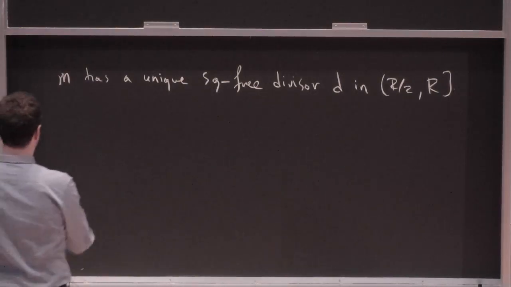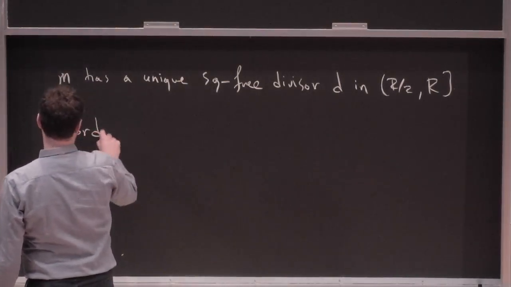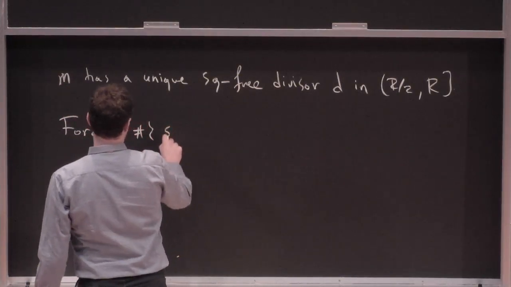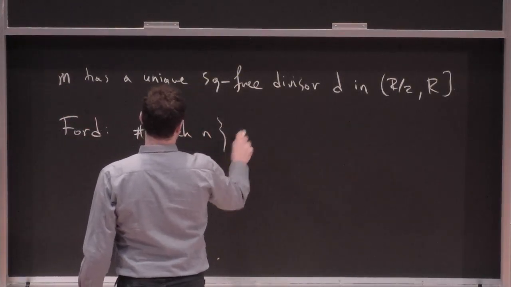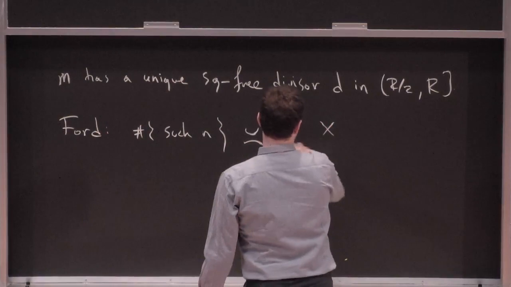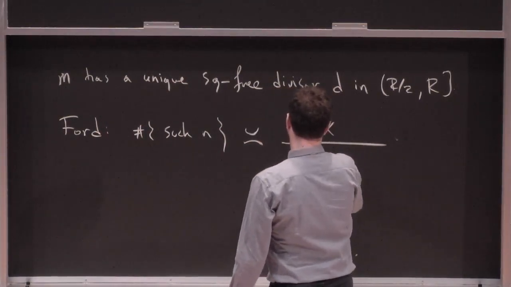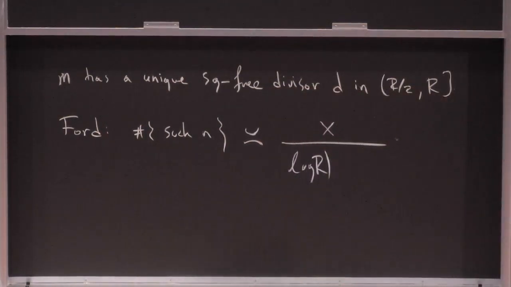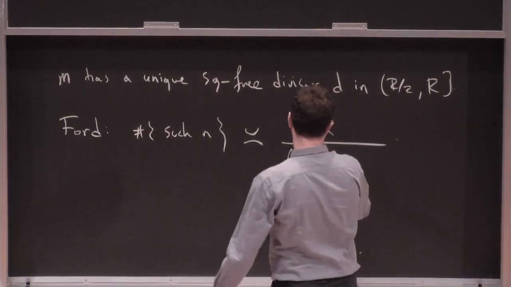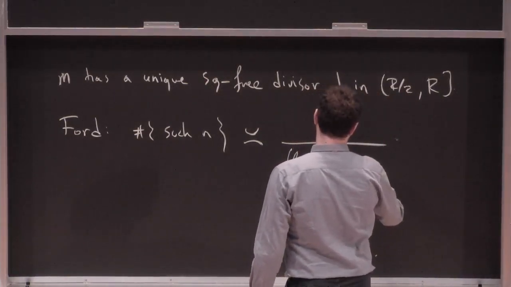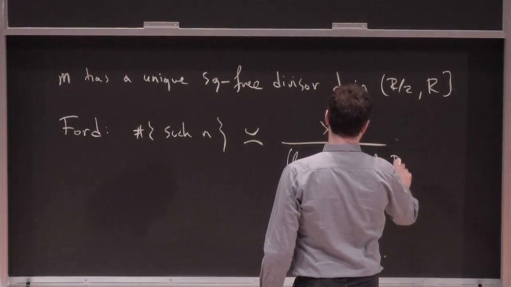And this was answered by Ford. Well, Ford's work doesn't answer exactly this, but a small tweak of his work will answer this. The number of such n is of size x over log r to some constant delta, times log r to the 3/2.